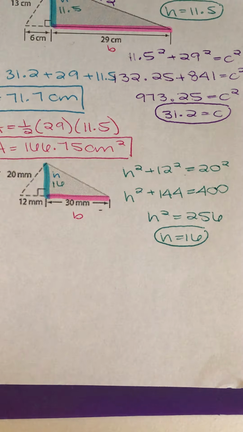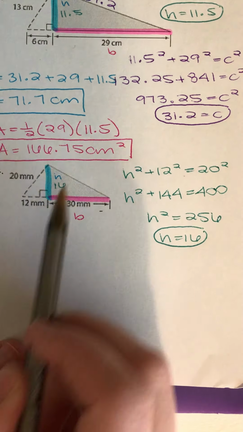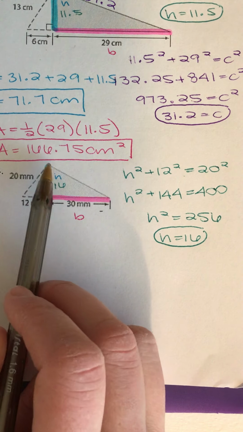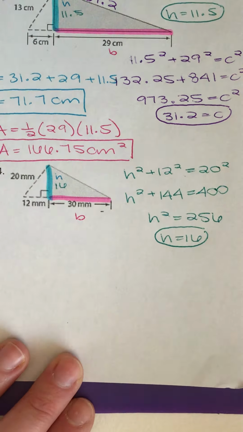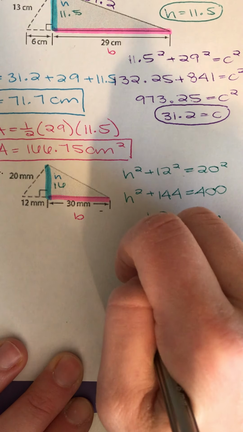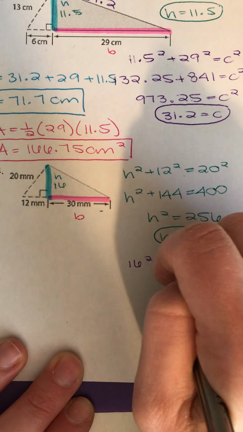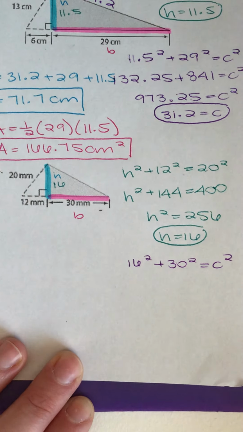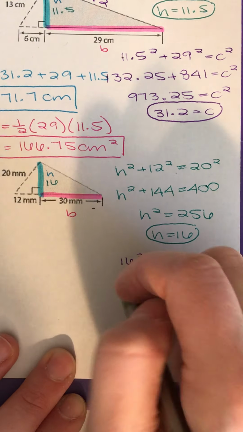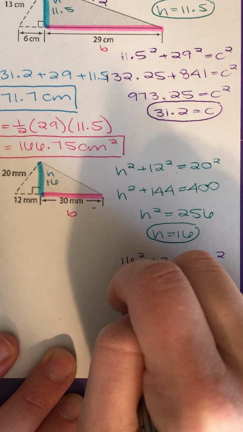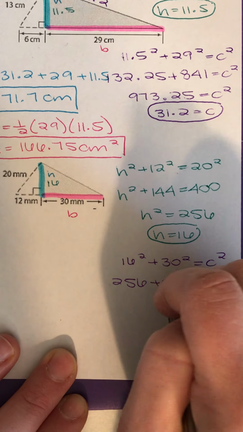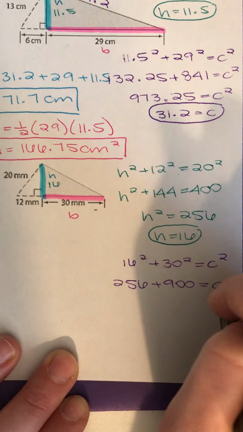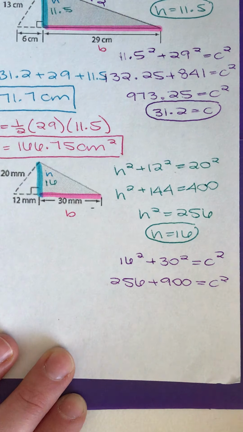But again, like the one above it, we still have to do another round of the Pythagorean theorem to find this hypotenuse for perimeter. So I'm going to do 16 squared plus 30 squared equals c squared. 256 plus 900 equals c squared.